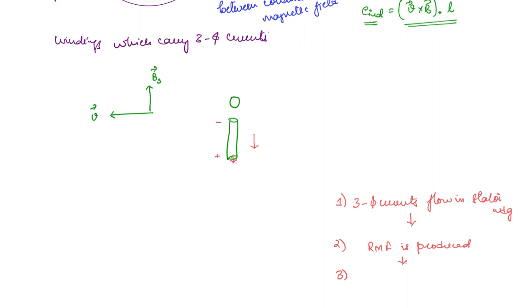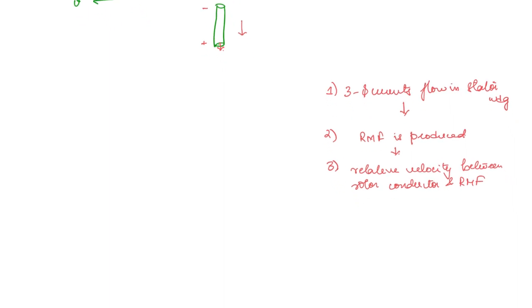So once the RMF is produced, this RMF is going to result in a relative velocity between the rotor conductor and the RMF. And because of this relative velocity, what is happening further? Rotor currents are induced.